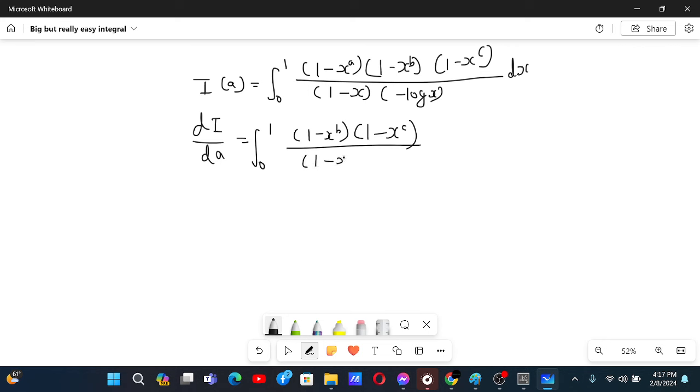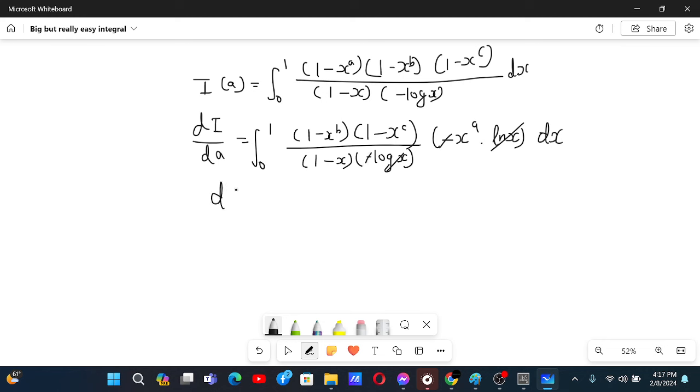Then let's differentiate the remaining thing. Now the derivative of 1 is 0, and this is minus x to the power a times ln of x. Now ln of x also cancels out, and the negative sign also cancels out.